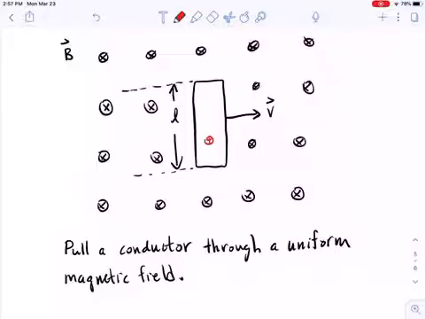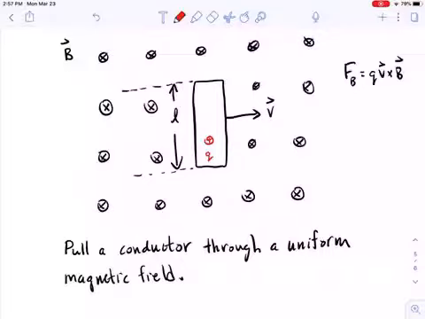The velocity of this charge is to the right because the whole conductor is being pulled to the right, and the magnetic field is into the screen. So the force on our positive charge is F_B equals Q v cross B. If this is our charge Q, its velocity is to the right, so we put our right arm to the right.